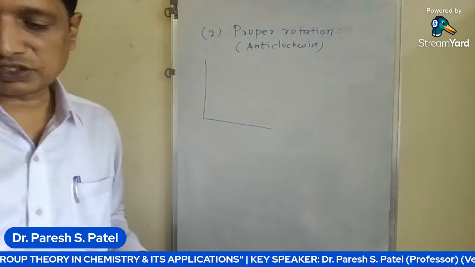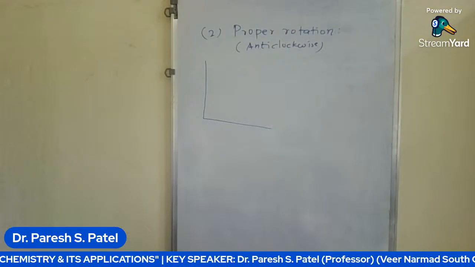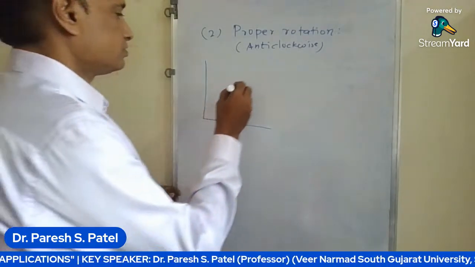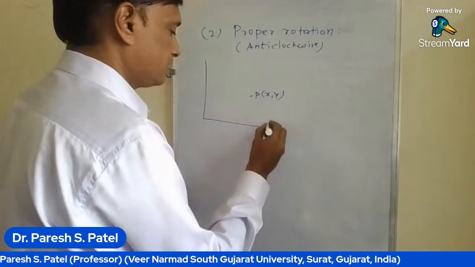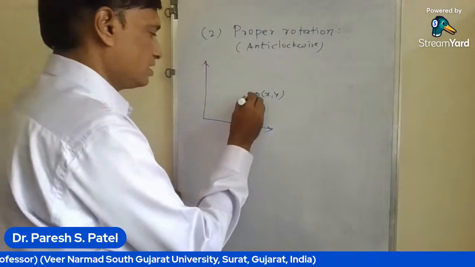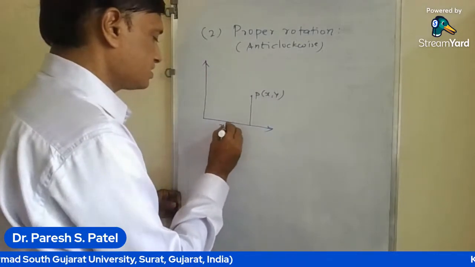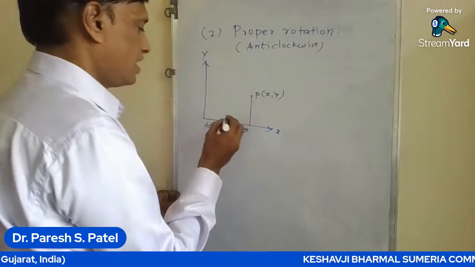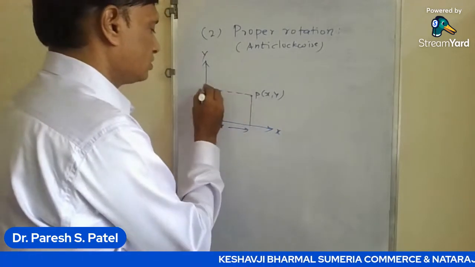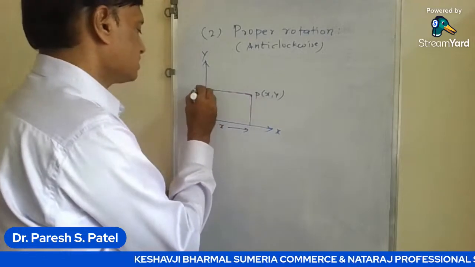Suppose vector t with coordinates x and y. It means along the x-axis the distance is x. This is the x-axis, this is the y-axis, and along the y-axis the distance is y.